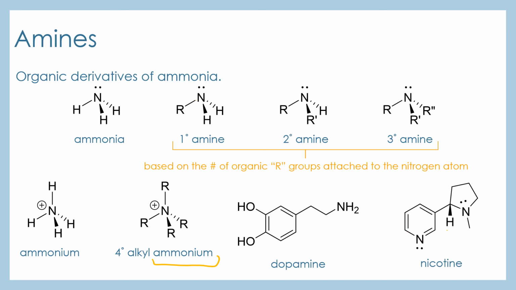And then our last example here is nicotine. So nicotine has 2 different examples of amines. It has a tertiary amine that is also part of a cyclic structure, which is fine. This is a carbon, and so is this. So this is a tertiary amine. And then we also have an amine that is part of an aromatic system.